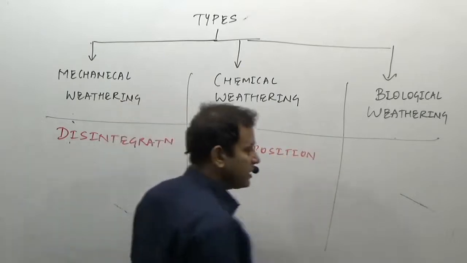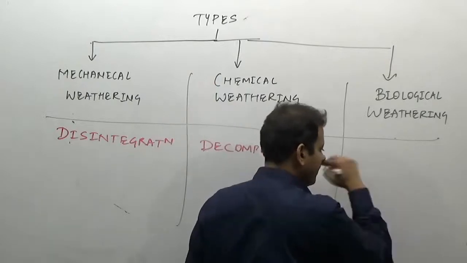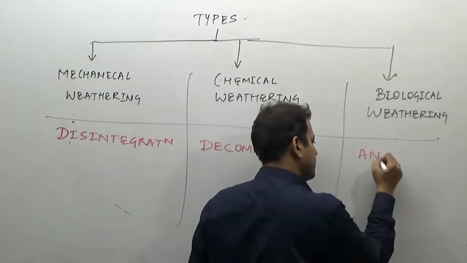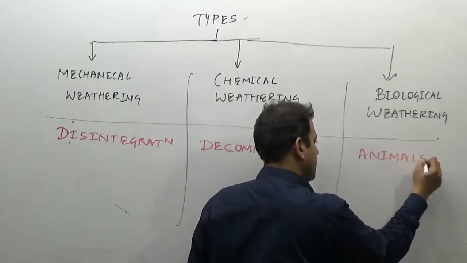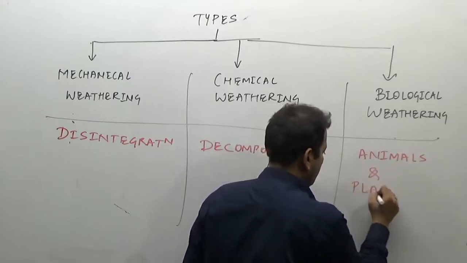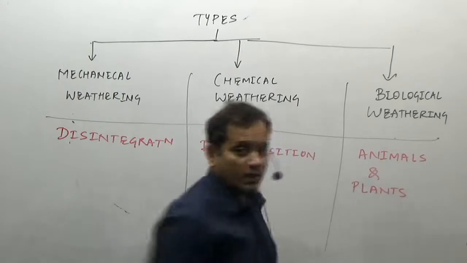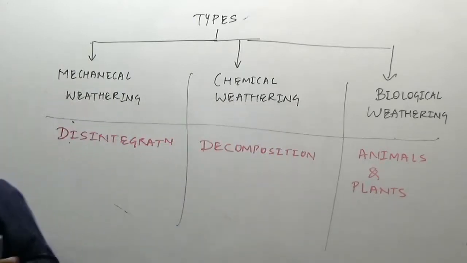And the weathering caused by living beings, by animals and plants, will be biological weathering.